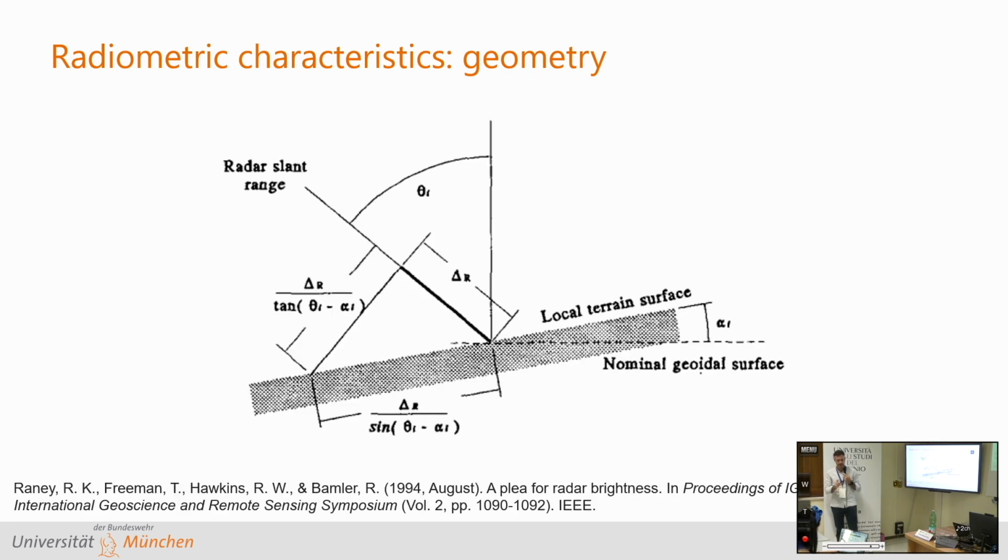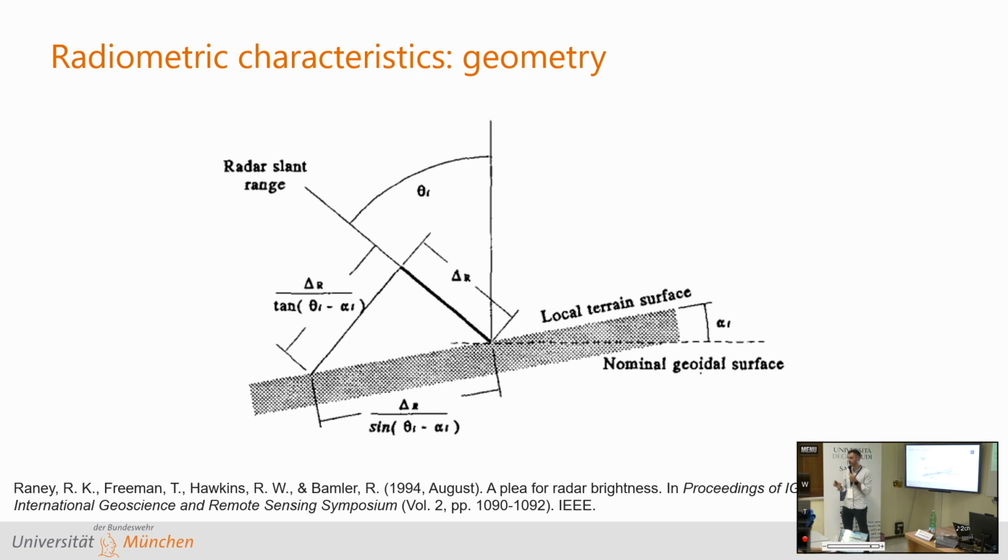One more thing I want to say, which is a level of difficulty that comes on top: you can do these things by using nominal values of your incidence angle, by simply modeling the Earth as an ellipsoid, or you can use a digital elevation model to understand exactly what surface you were imaging.